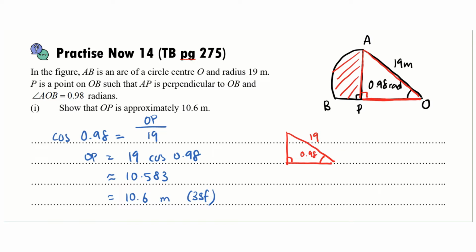We can apply our trigonometric functions to get this equation, whereby we have OP as the adjacent side and 19 to be the hypotenuse. By doing some manipulation, we will have 19 times cosine 0.98. I want to caution you over here, when doing this calculation, make sure your calculator is in radian mode.